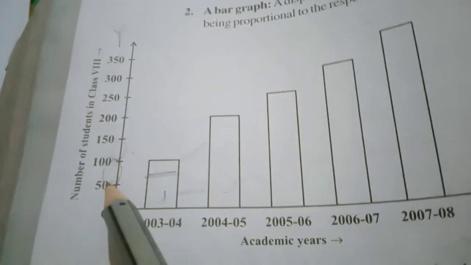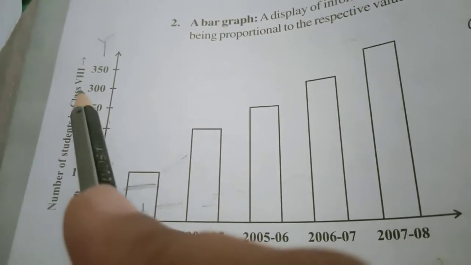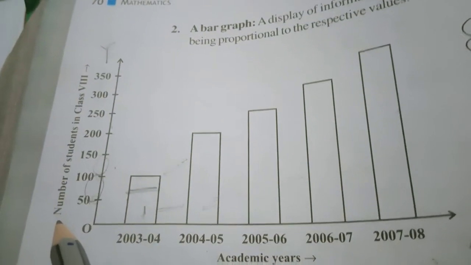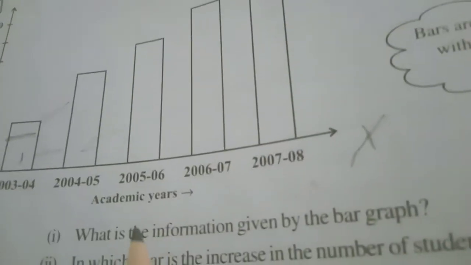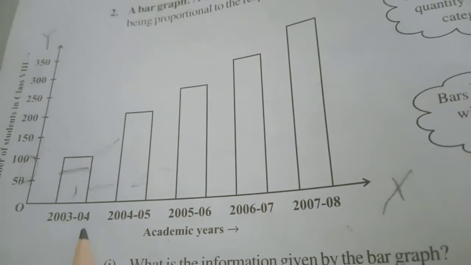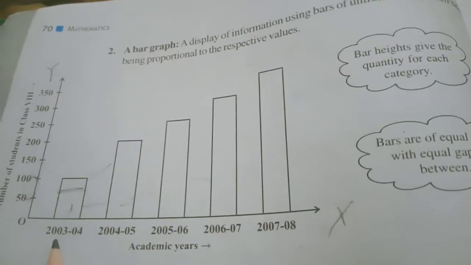This number denotes the number of students in class 8. See the x-axis now, academic year. Academic year means 2003-4. Your school starts in the month of April and your final exam is in the month of March.